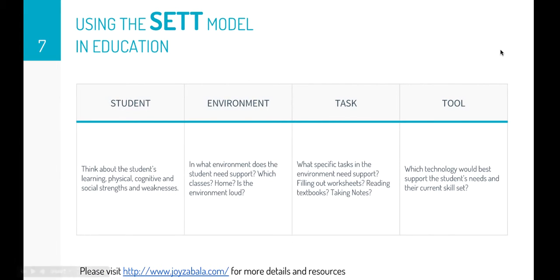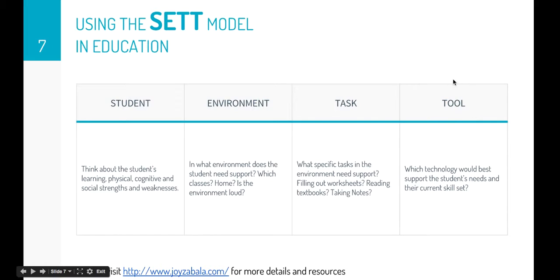Then you look at the tasks that they need to do. Are they taking social studies? Do they need to flip through a textbook? Do they need to read that textbook? What are the writing demands like? And then you try and look at the tools, and which ones might assist the student in overcoming their weaknesses.